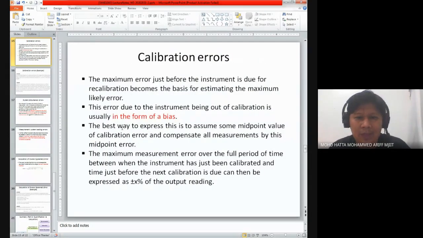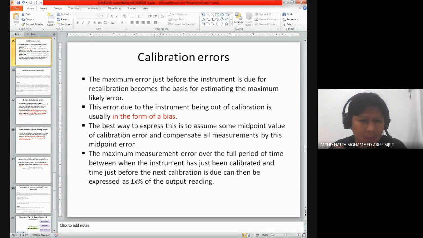And for calibration error, normally calibration will suffer a bias. So the idea is almost the same, I think. If you read through this text, normally calibration error is in the form of bias, as I mentioned, and the best way mentioned here is to assume some midpoint value of the calibration error and compensate all measurements by this midpoint error.